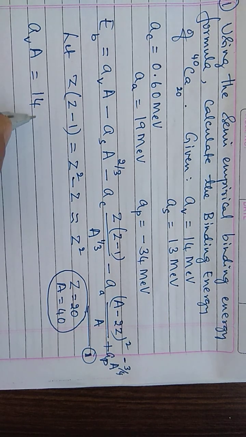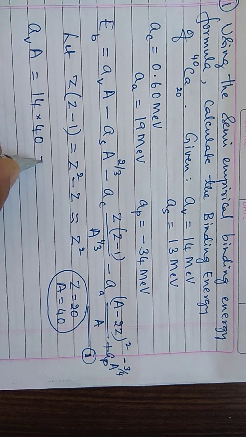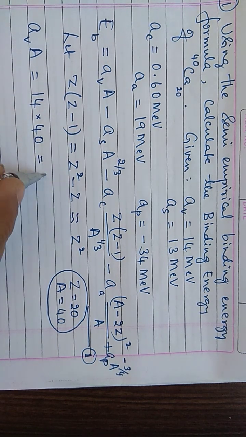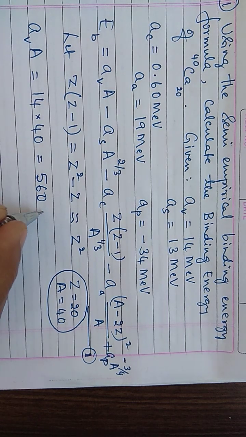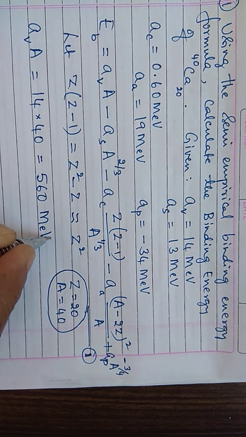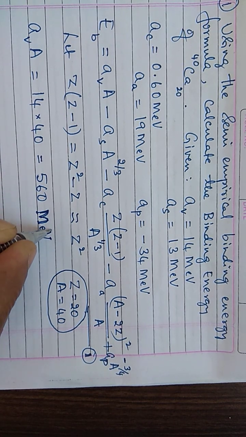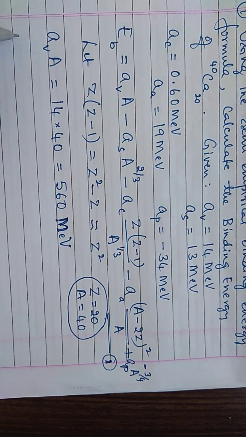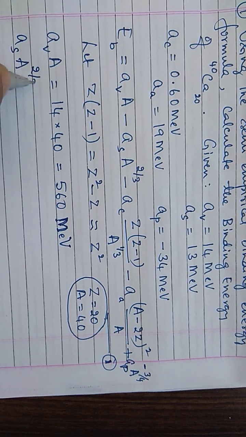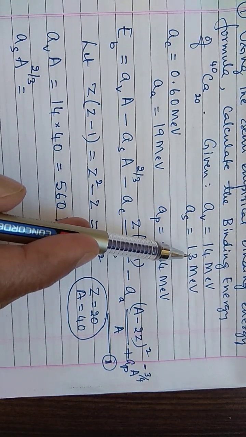Let us substitute here, 14 into 40. Multiply these two and you get 560 MeV, million electron volts. Similarly, let us calculate AS into A to the power 2 by 3. The AS value is already given, 13.